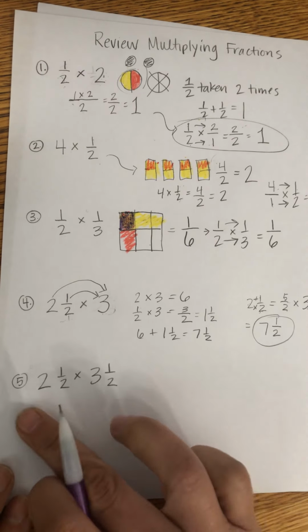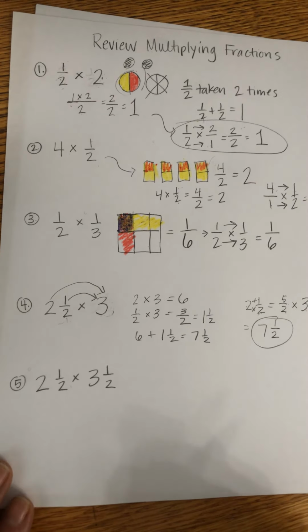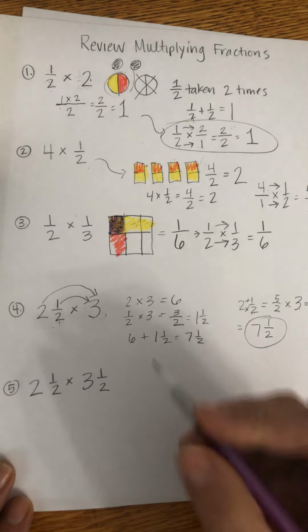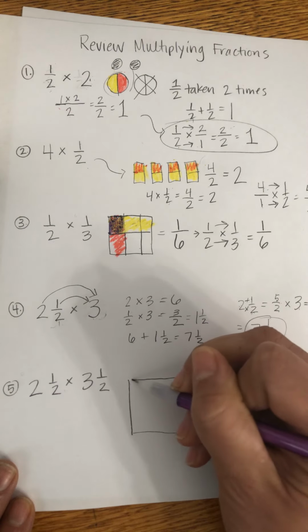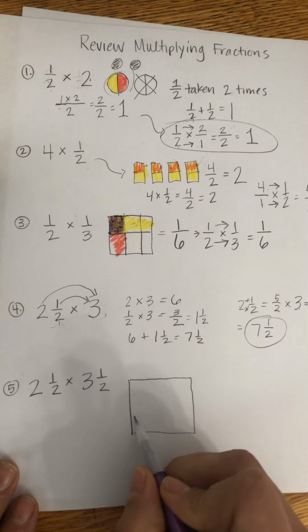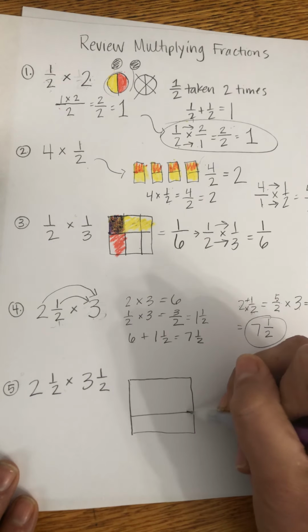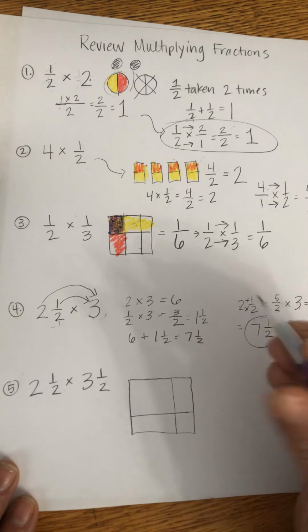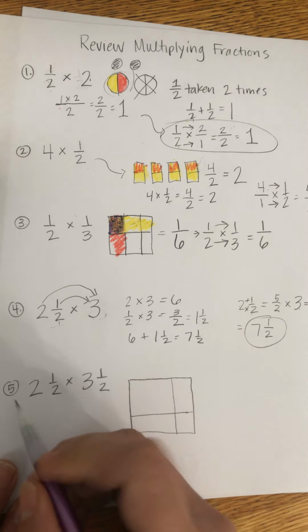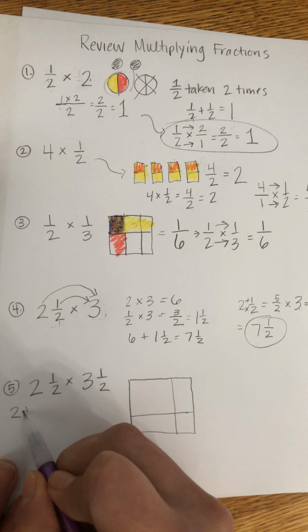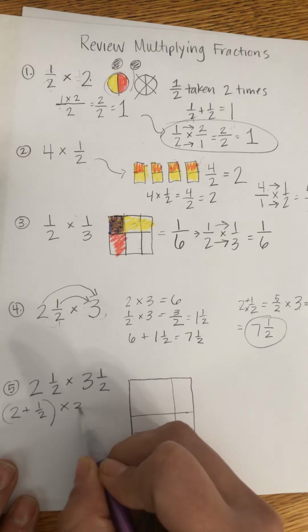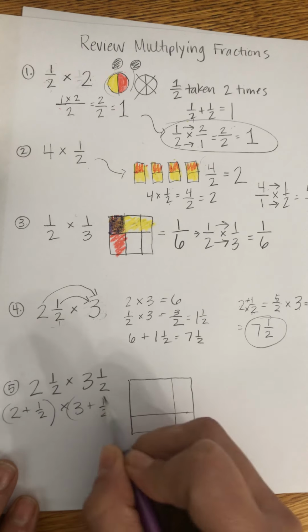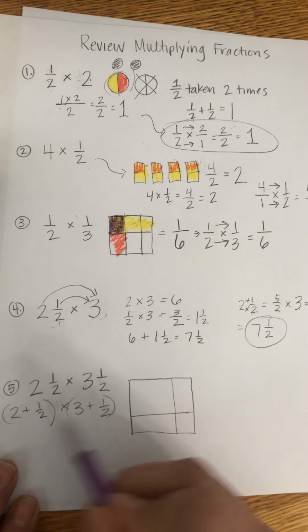All right, so then that leads into a mixed number times a mixed number. Now you can do this visually by using those area models. And if you've been watching the videos, you will have seen this work already. So you can break up 2 1/2 to 2 plus 1/2 times, break this up to 3 plus 1/2. And you're gonna multiply each one by itself.